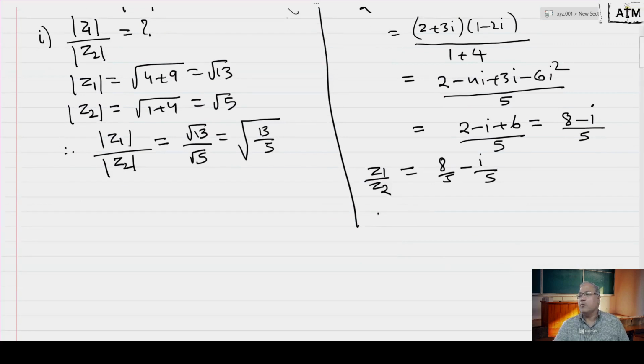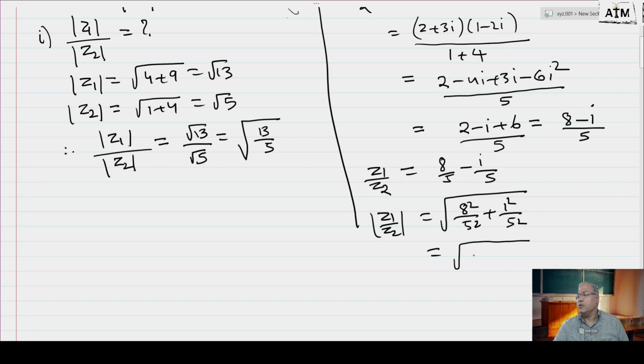Now the modulus of z1 upon z2 equals the square root of 8 squared upon 5 squared plus 1 squared upon 5 squared, which equals the square root of 64 plus 1 upon 25, which equals the square root of 65 upon 25.